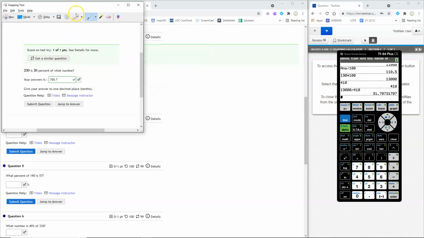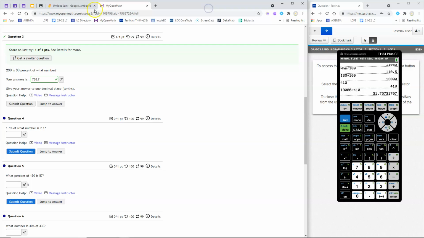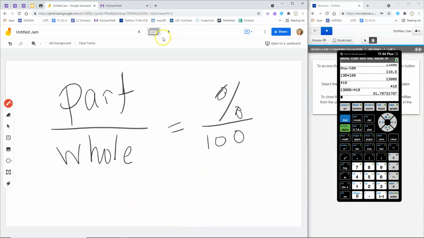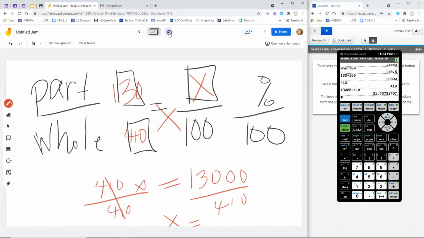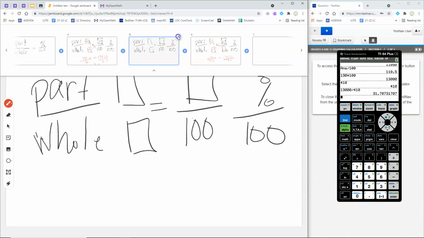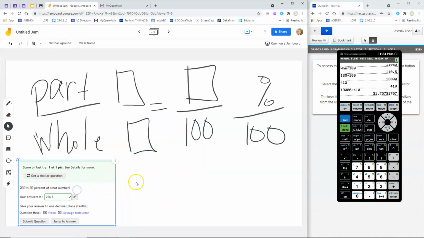Sorry. All right, so we're going to try it again. So we're going to have a visual, so I don't have to keep flipping back and forth. All right, so 230 is 30% of what number?